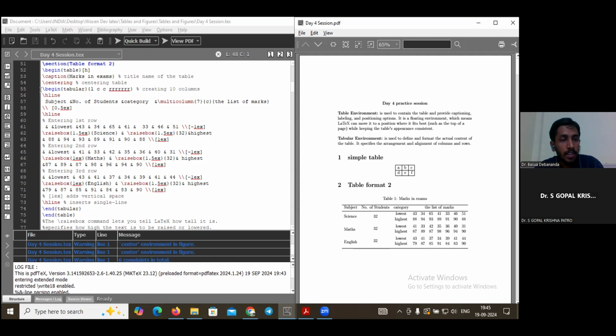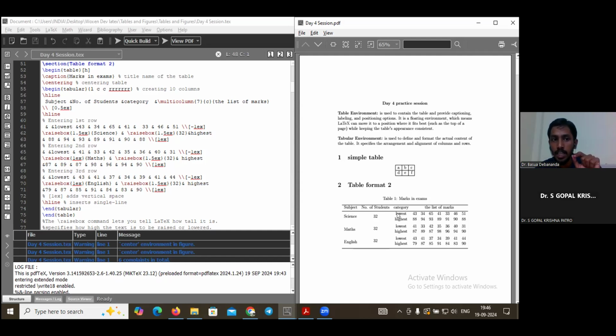Now I want the table. To begin the table, what do you have to write? Within the environment, \begin{tabular} \end{tabular}. Then within the curly bracket, see how many columns there are.